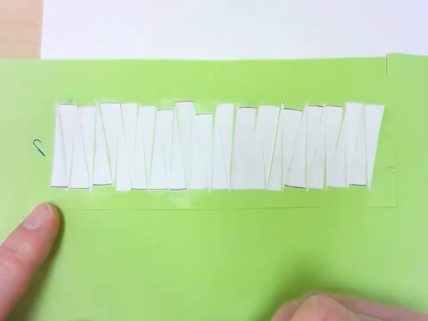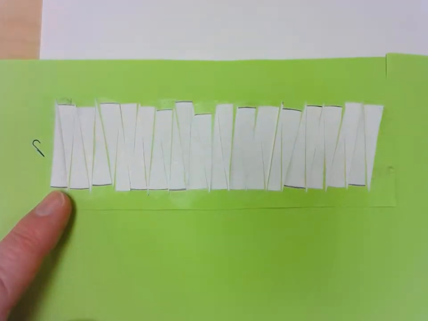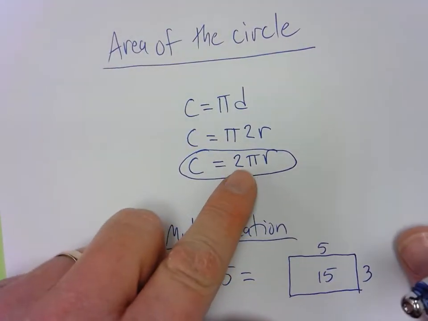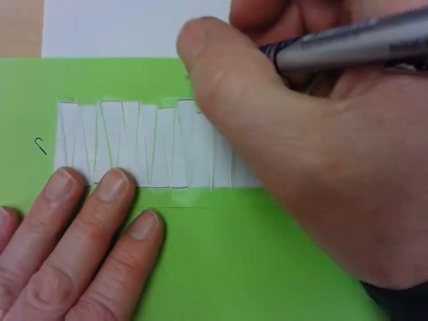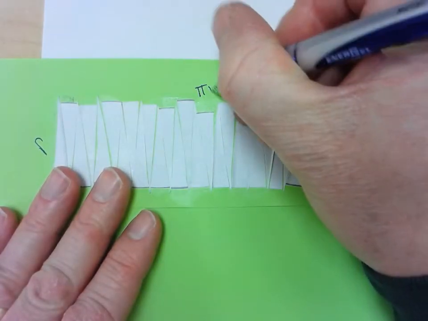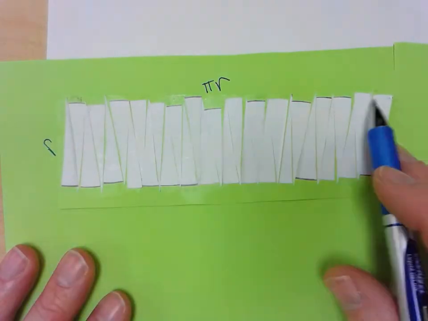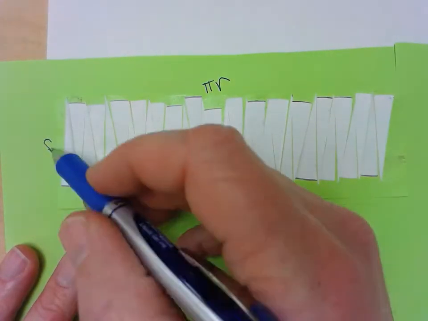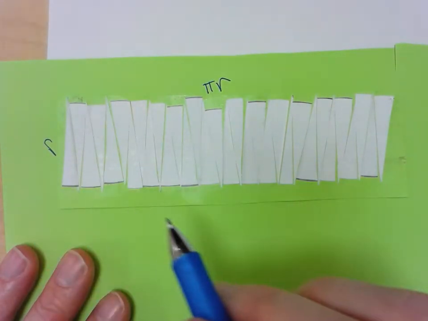So there's your r, and the top part here would be half of the circumference. So I have my circumference formula, 2 pi r, and I'm going to cut it in half. So it's just going to be pi r. So my distance across here is half the circumference, or pi r, and then this side of the rectangle is equal to r.